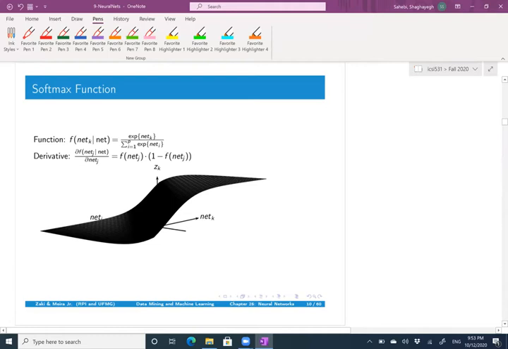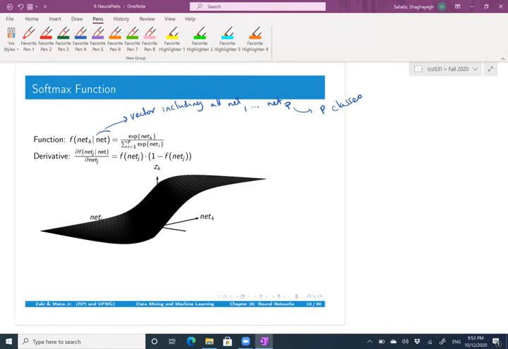So the f of net k for class k, given a net that is a vector that has all the net values in it, so this net is a vector including all net 1 to net p, for example, when we have p classes, is going to be equal to e to the net k over the summation of e to the net i's for all of the i's from 1 to p.